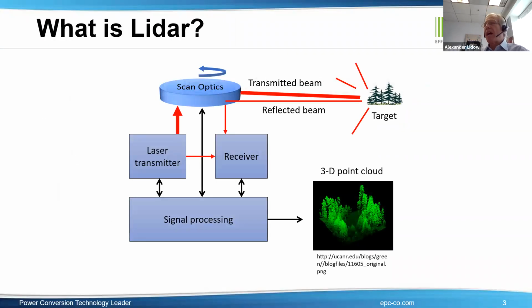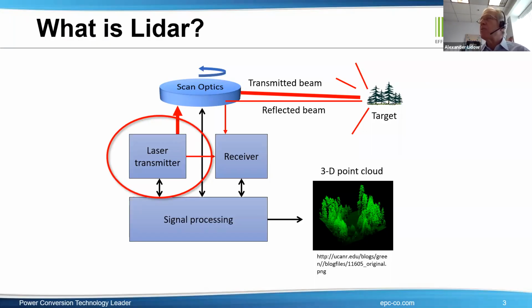So first of all, what is LiDAR? This is a very simplified block diagram. Again, it stands for light detection and ranging. And there's a laser transmitter that shoots a beam of light. This is a scanning LiDAR system. There are many types. We'll talk about a few different types.